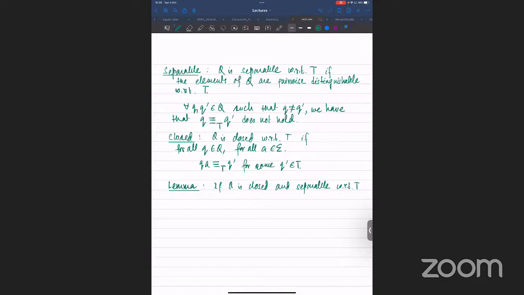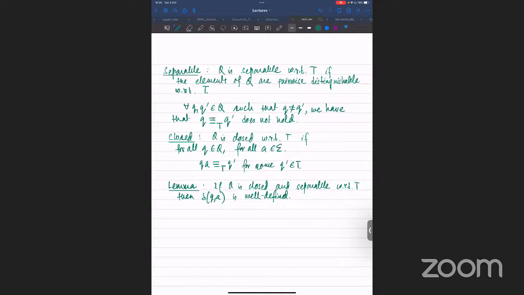If Q is closed and separable with respect to T, then I say delta QA is well defined. I have not even defined what delta is, nor given you fully the definition of a DFA.